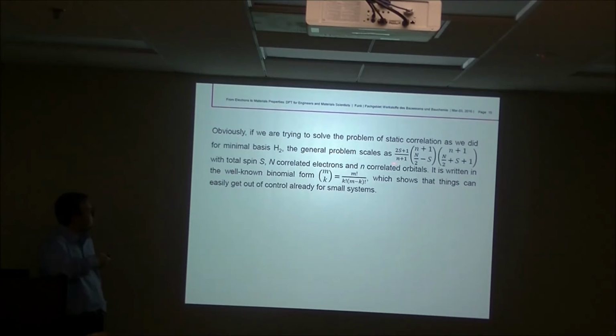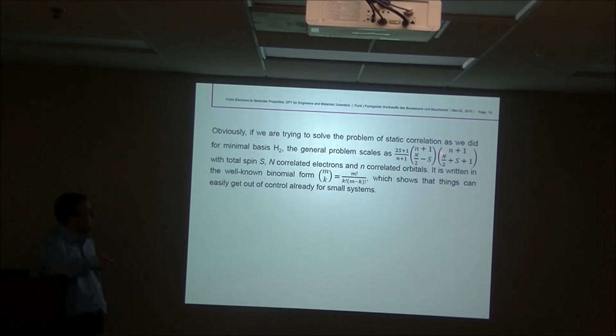Let's say we do it for any system. We have a total spin of S. Let's say all are paired, so we have a total spin of 0. Makes things easier. We have n correlated electrons and n correlated orbitals, which is typically all electrons, all orbitals, unless we have some symmetry constraints.